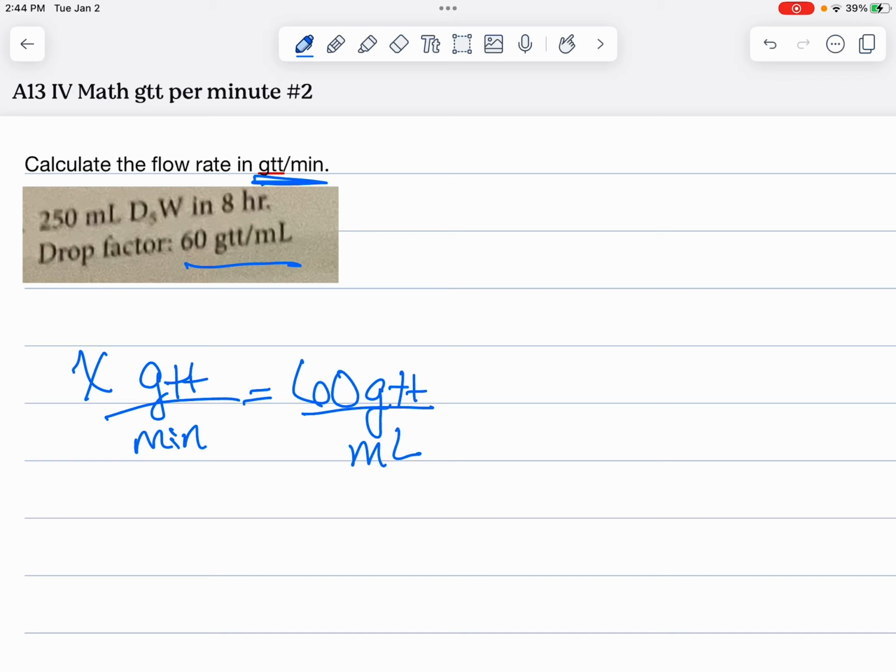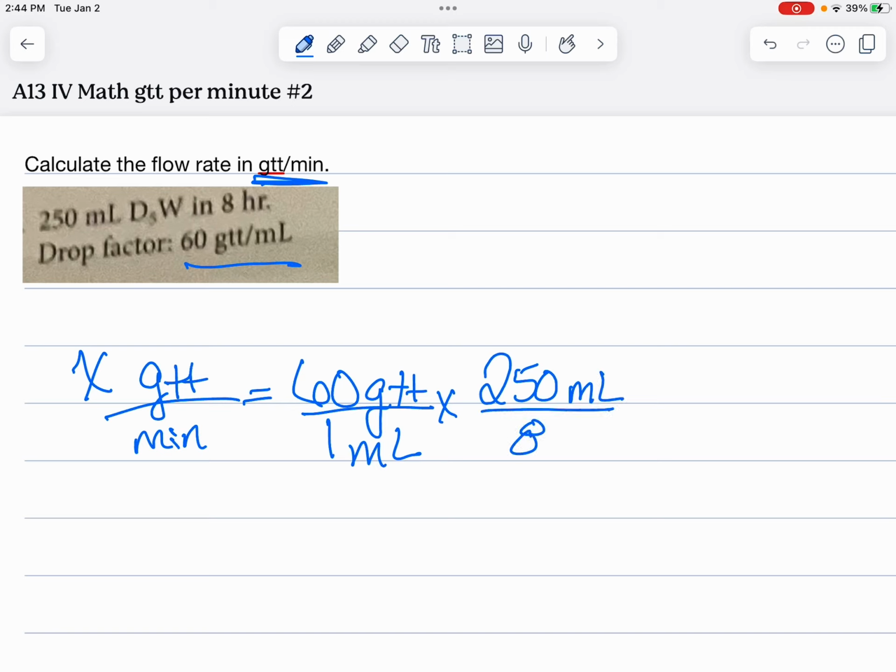Remember, guys, your drop factor for your tubing is always how many drops are in a milliliter. So 60 drops per 1 ml times my rate. Now, the last problem that we did was 75 mLs per hour. Okay, this one says 250 mLs in 8 hours.